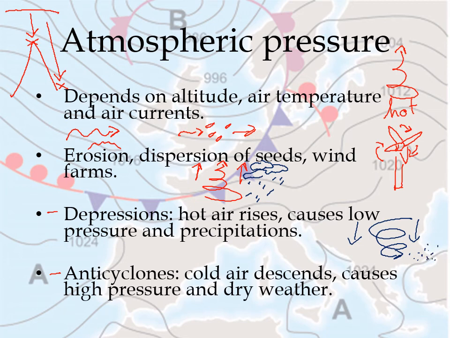It doesn't get cold, so it doesn't condense. So cold air that goes down creates dry weather. Very important: hot air that goes up causes precipitations. That's everything we should know about atmospheric pressure.